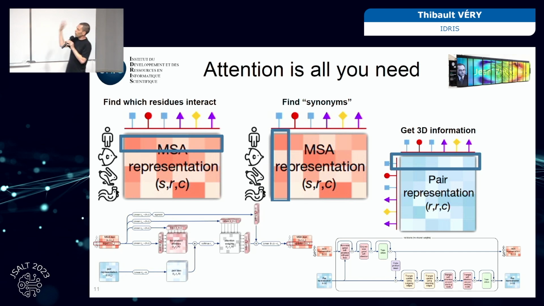Knowing how you can exchange some amino acids without breaking the function is very important for the model. And also you will have attention for the 3D structure. Here you apply attention on all the triplets of amino acids to get information about the 3D structure.